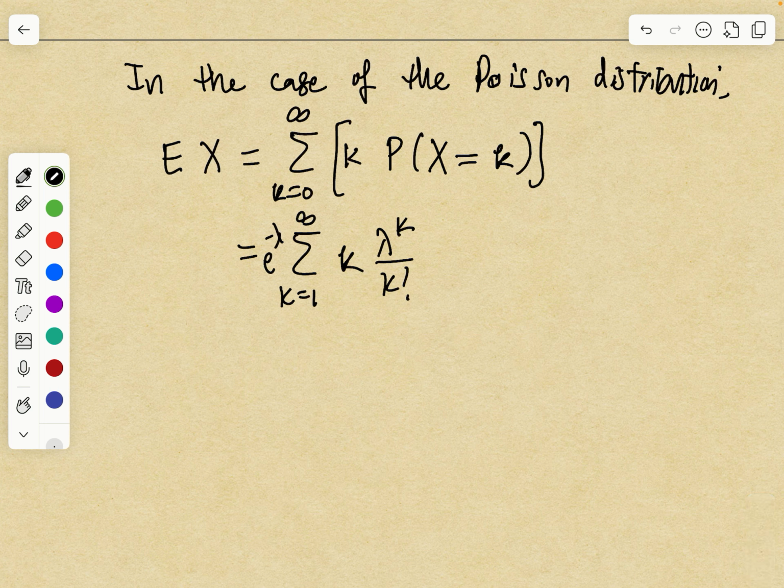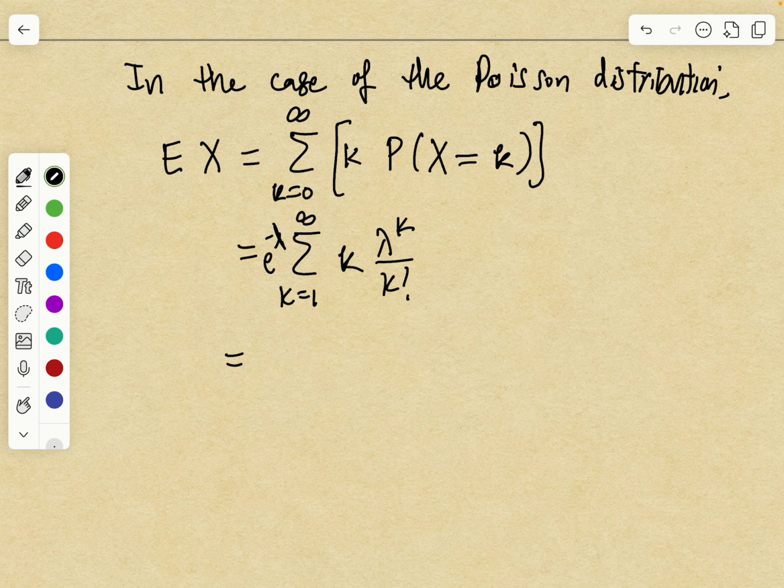Now the question is, what is this sum? There's always these tricks. There's a trick, which is to factor out a lambda from the top.